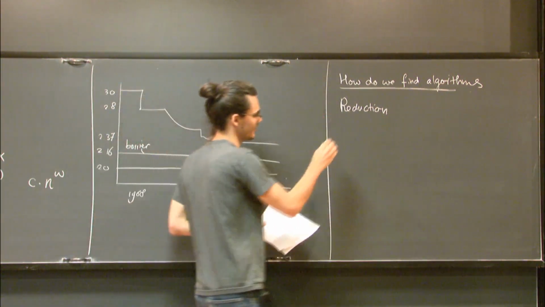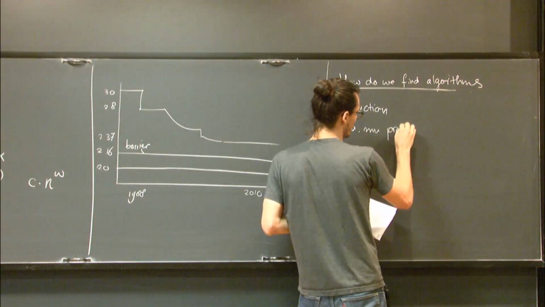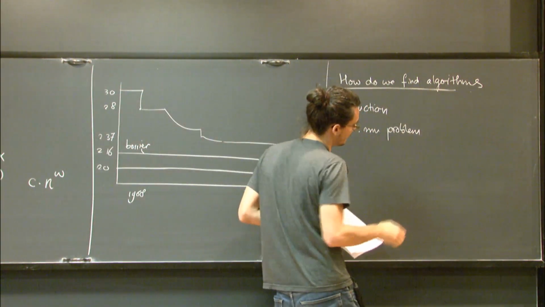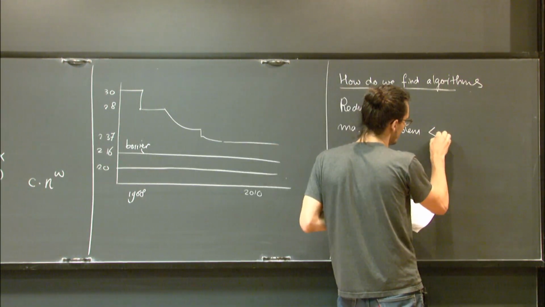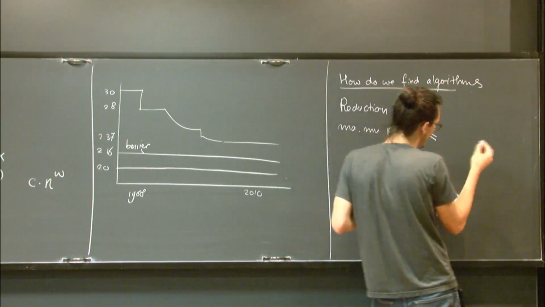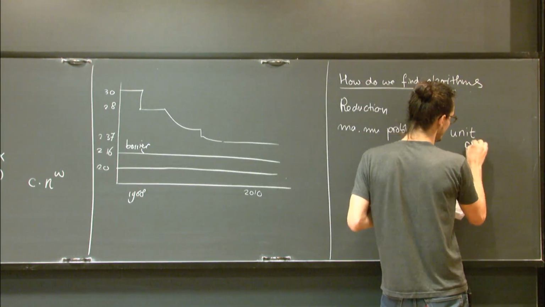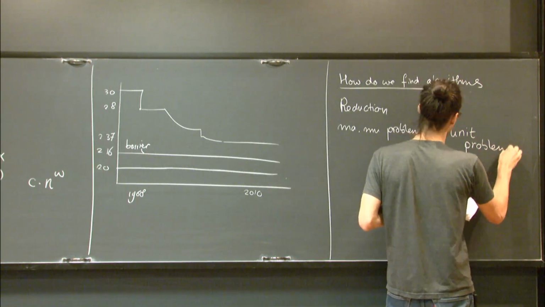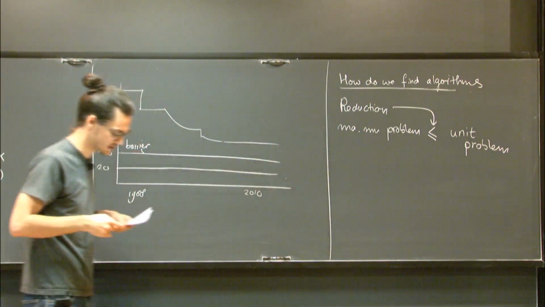So there is the matrix multiplication problem. And when you construct an algorithm, you can think of it as a reduction to some kind of natural unit problem. All right, so this is some kind of reduction. We're going to make this precise later.